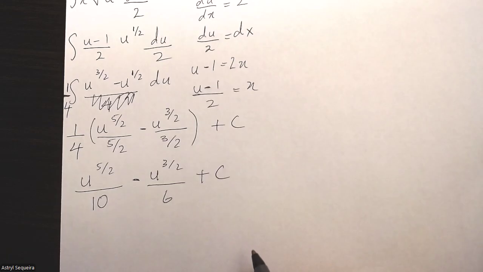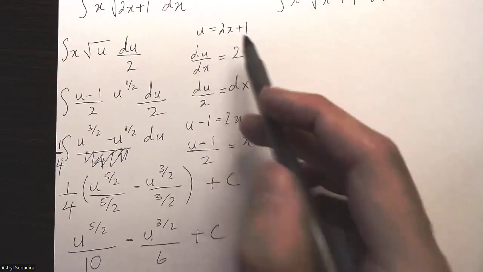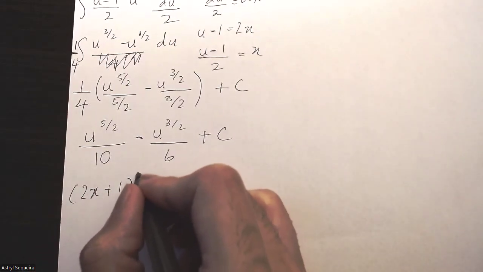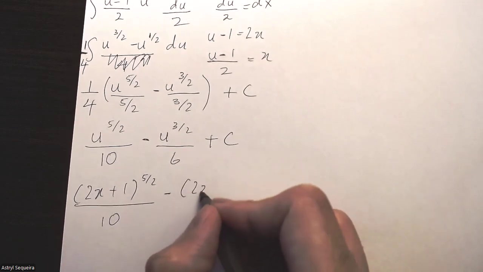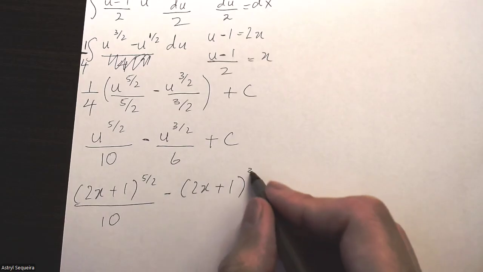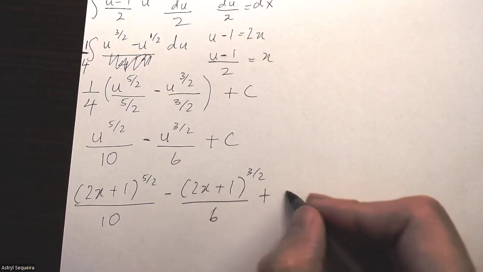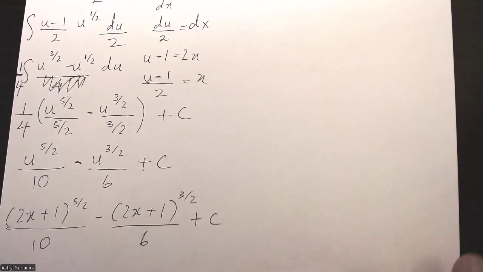And that's the integration right over there. And then the last step is just replacing the u's back with 2x plus 1. And that's my final solution for that first question.